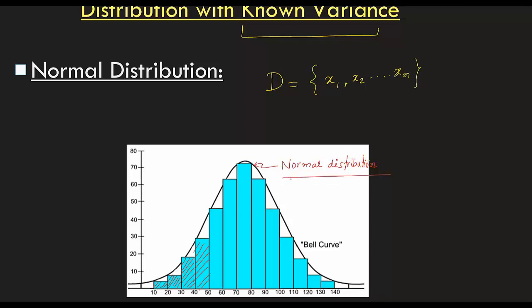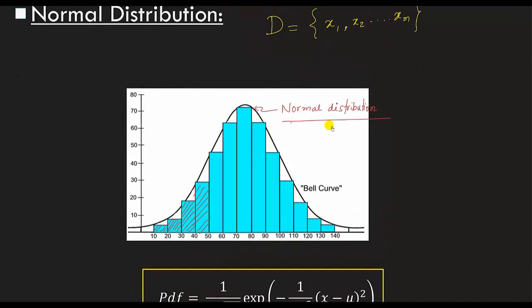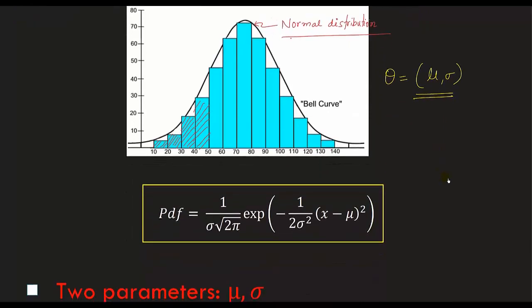Now if you remember, there are two parameters in the case of normal distribution that need to be estimated, and in this case the parameters are the mean and the standard deviation. So for normal distribution we require two parameters, that is mu and sigma, and the corresponding probability density function, that is the equation for this curve, can be written by this formula.